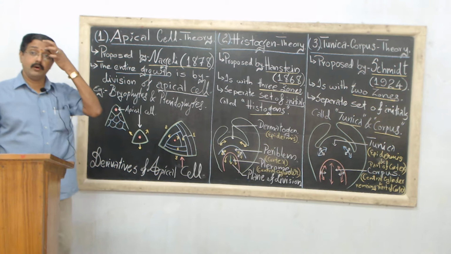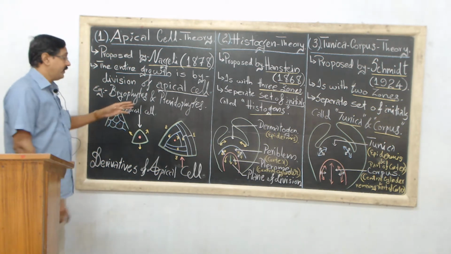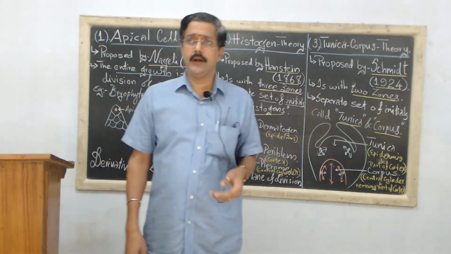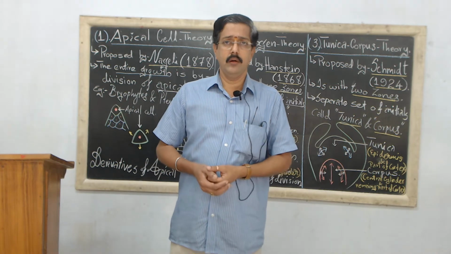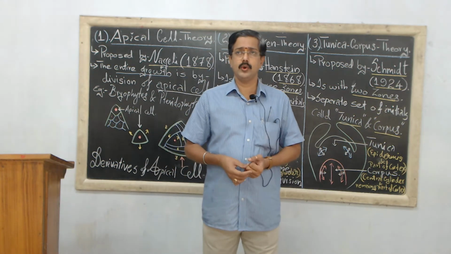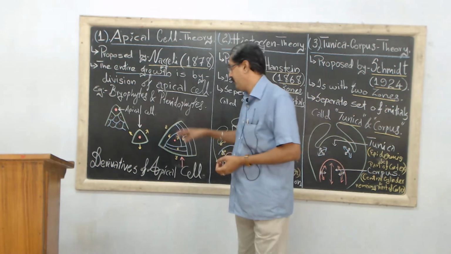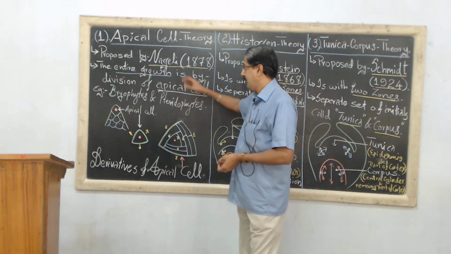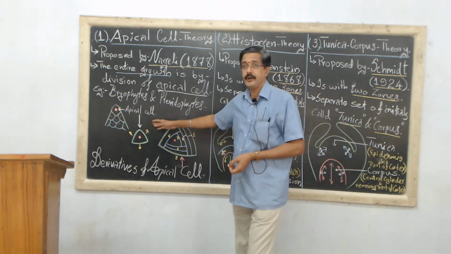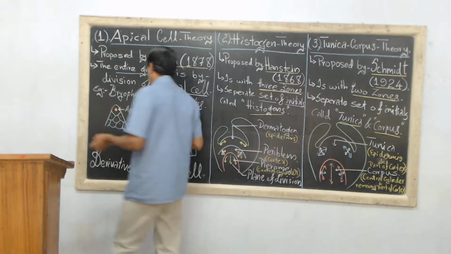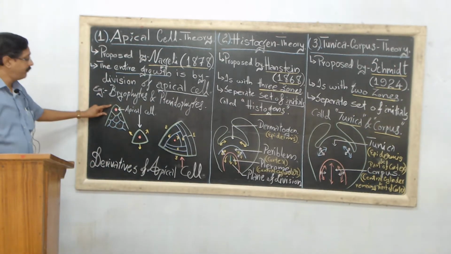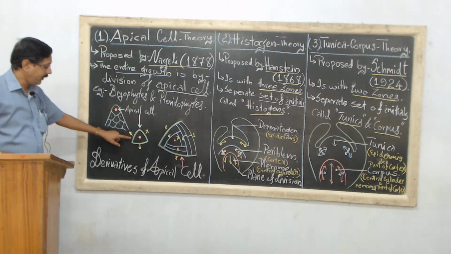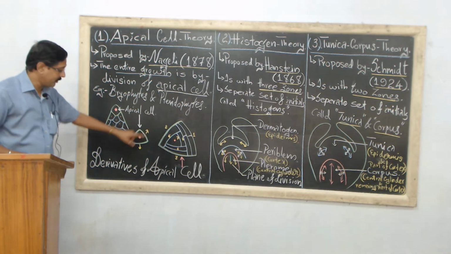In the lower forms of plants such as bryophytes and pteridophytes, the shoot apex is histologically studied to reveal how the shoot is organized, and here it is very clearly derived by Nageli. In this diagram, the apical cell is at the shoot tip, and one of the cells is showing the plane of division in three directions.